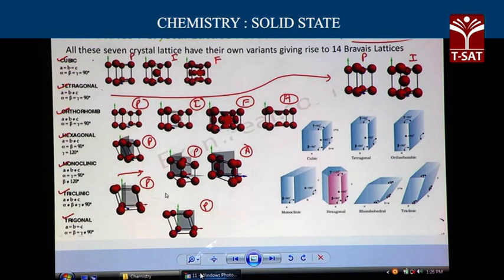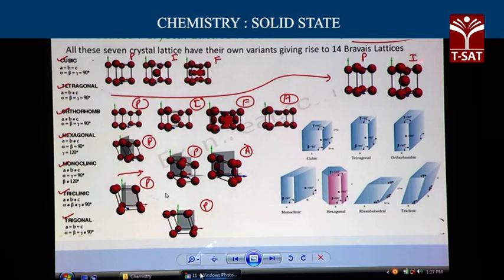So, the cubic unit cell will have 3 Bravais lattices, whereas the tetragonal system has two Bravais lattices. One is primitive, second one is body centered.